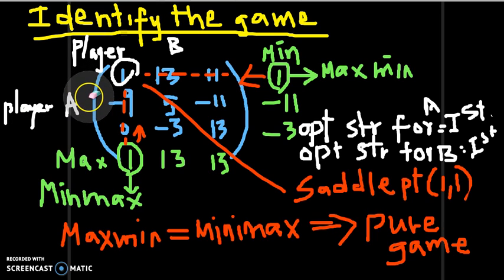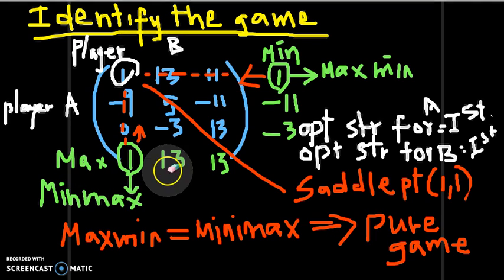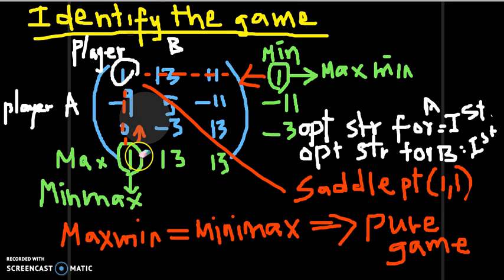In the same way we have to find it out for player B also. His aim is to minimize his maximum loss. So first we have to find out the maximum losses. The maximum loss here for the first strategy is 1, for the second strategy is 13, and for the third strategy is 13 again.